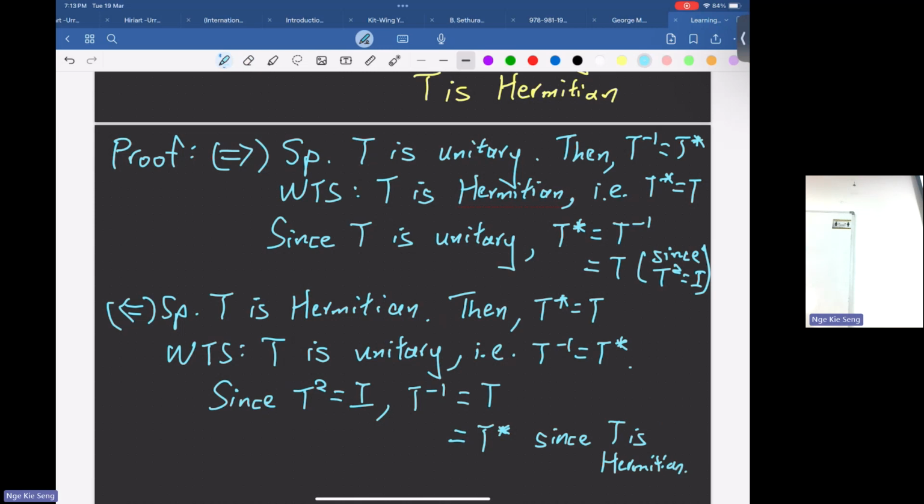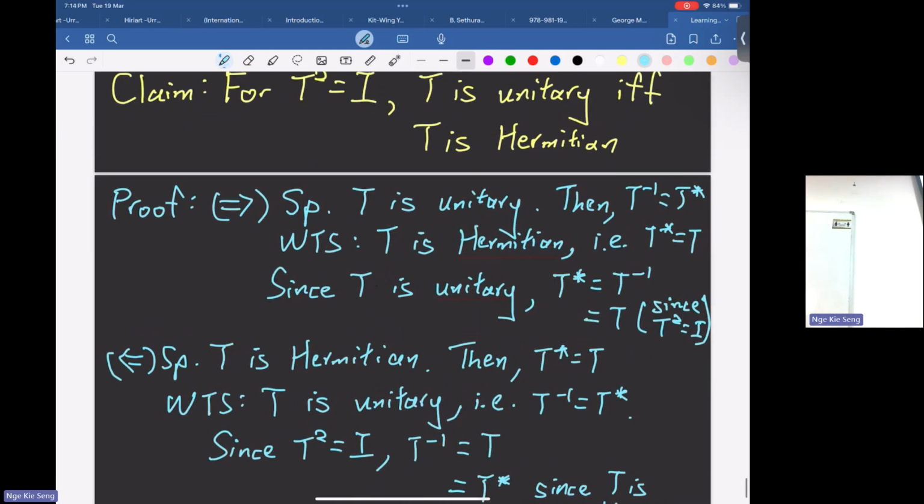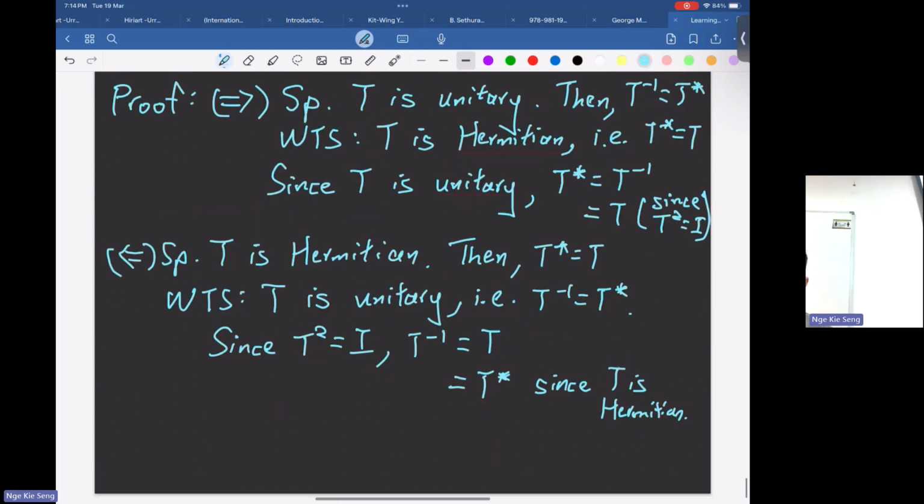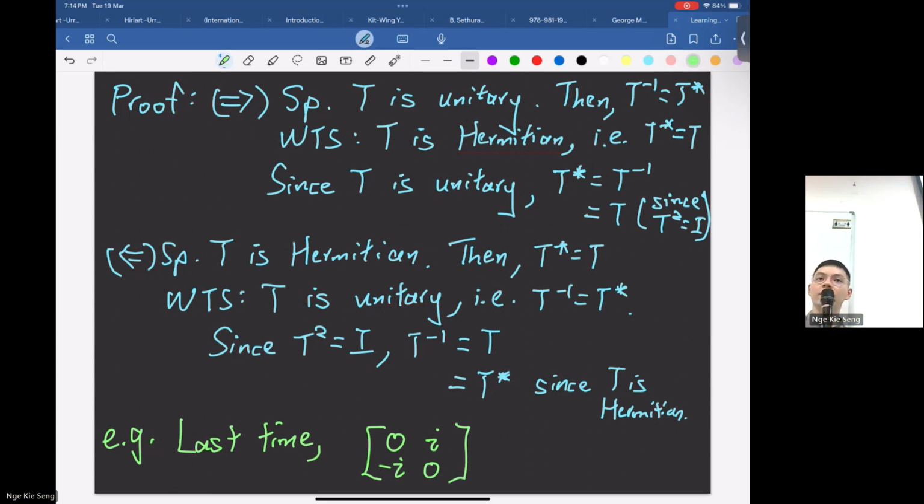I think last week Yang Ken pulled out a Pauli matrix. Let me write down the matrix. Last time on the whiteboard, you can write down a matrix like this, the Pauli X matrix.